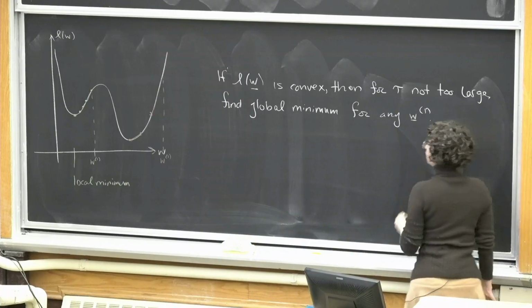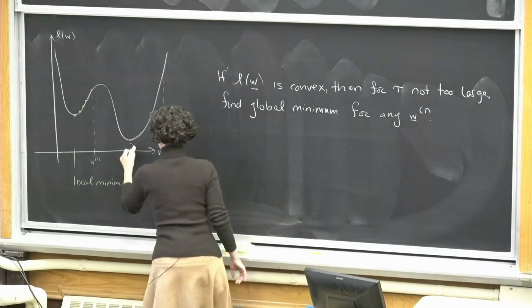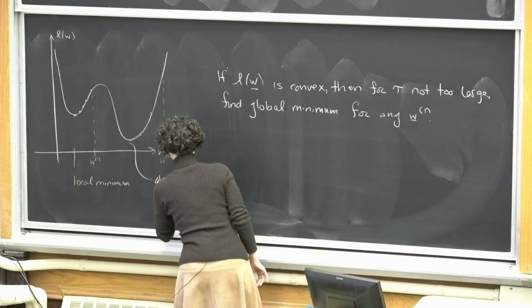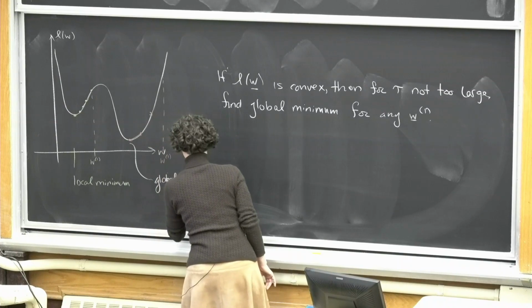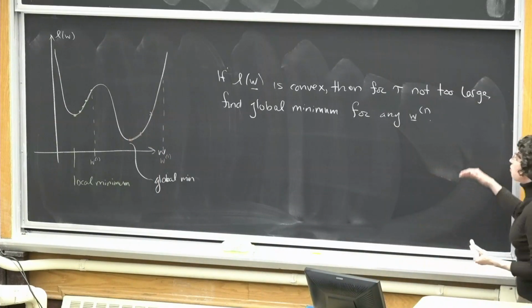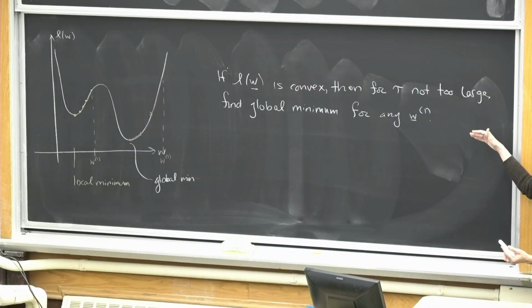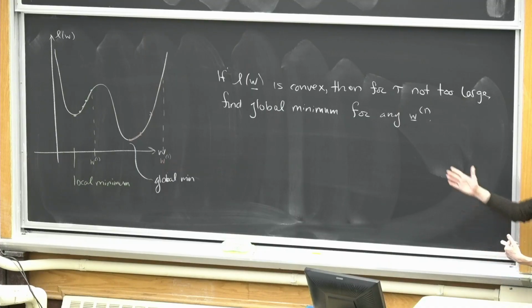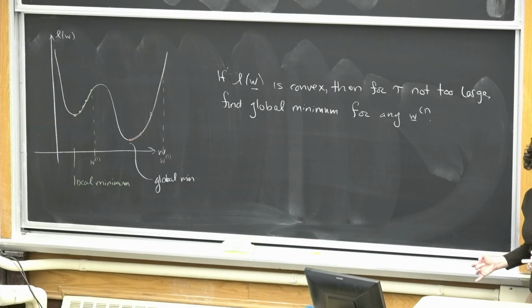So we don't have to really be worried. So in this case, this is the global minimum. And when we've got convexity, we don't have to worry about how we initialize. We're always going to wind up at a global minimum. If it's not convex, though, like in my picture, then where you initialize will make a big difference.